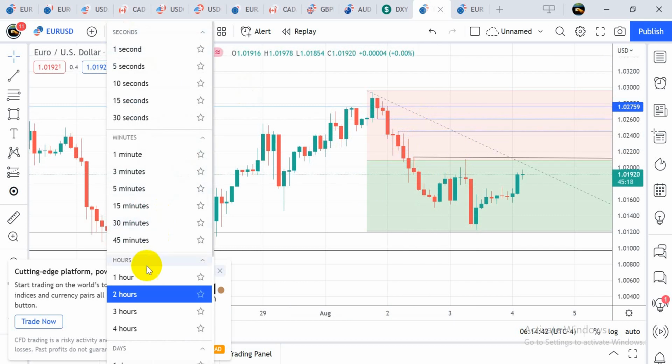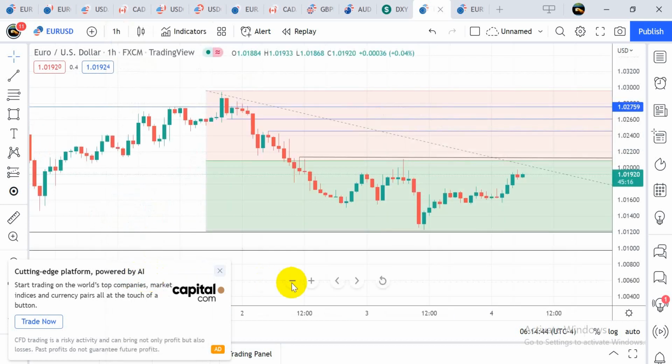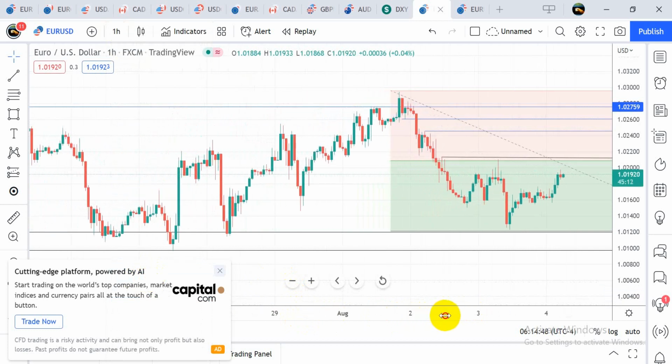Let's scale to the 1-hour time frame. Very good. See this low, see this low. Very intentional relative equal lows.